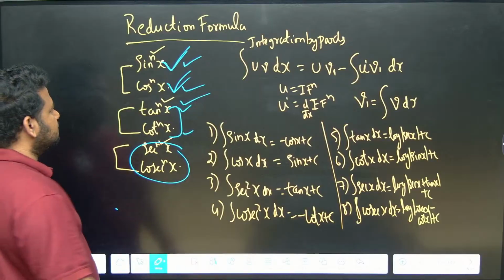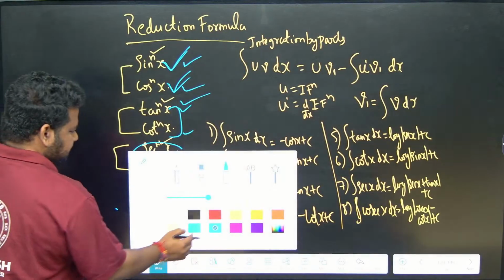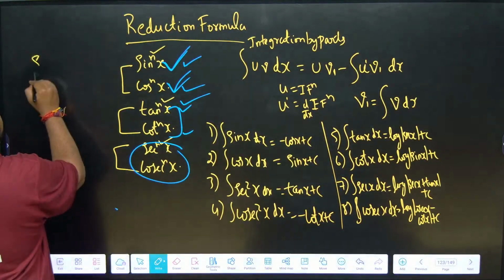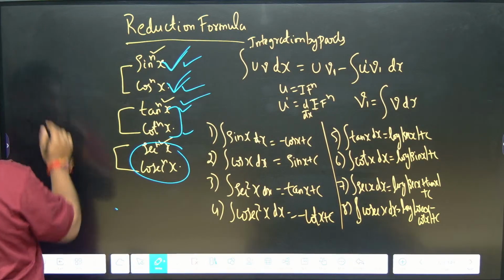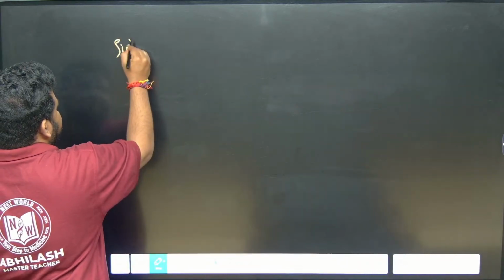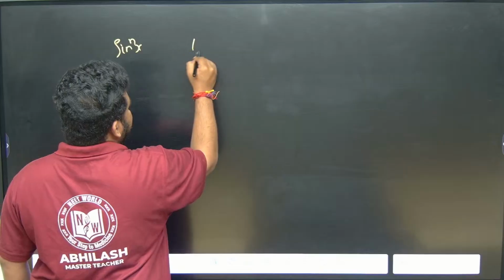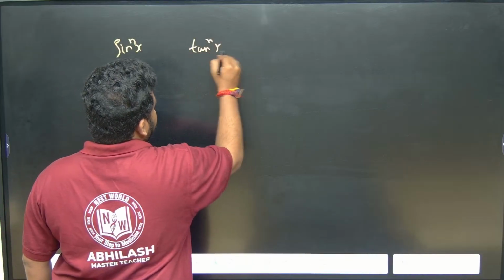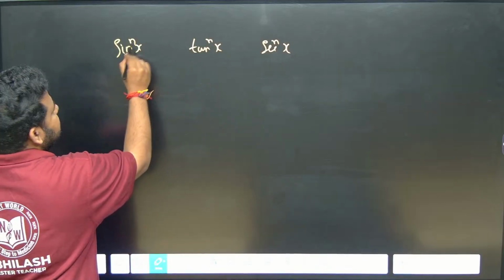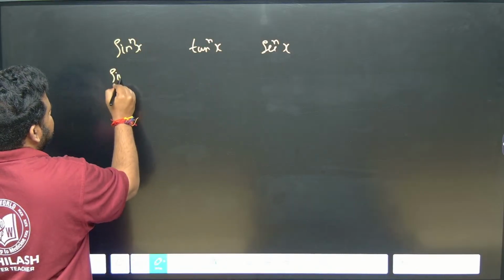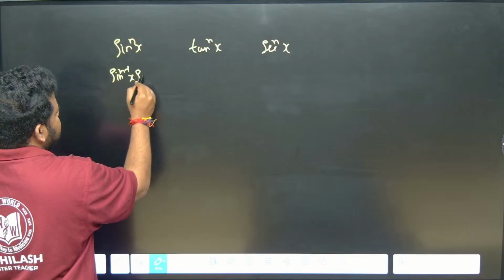Clear, friends? Now, how to remember this? Let me go to the next page. Sin^n x, tan^n x, and secant^n x. In sin^n x, you will shift one power to that side, so this will become sin^(n-1) x into sin x.